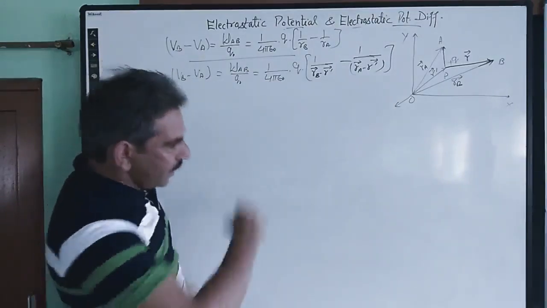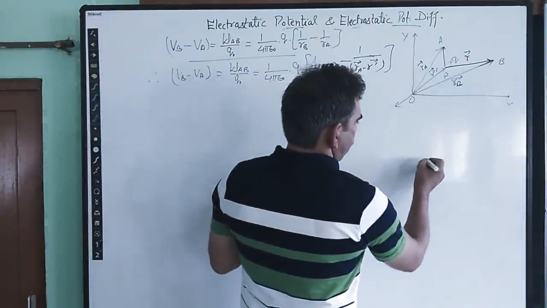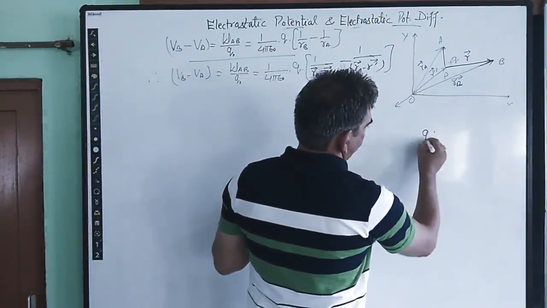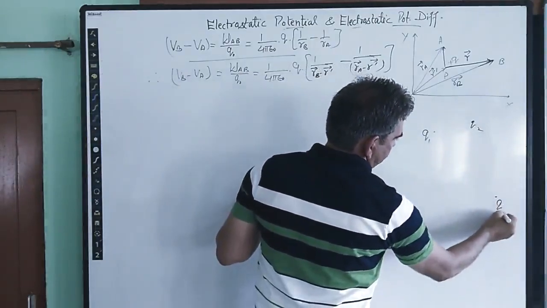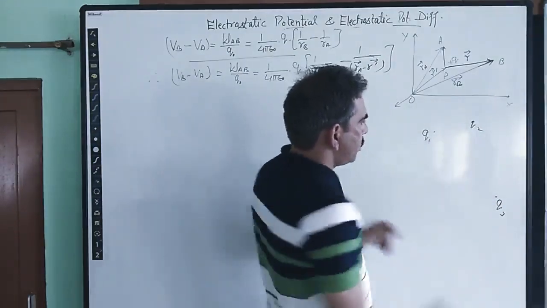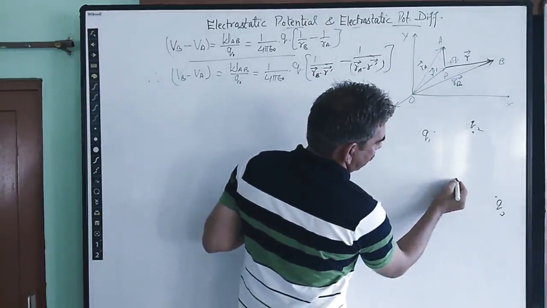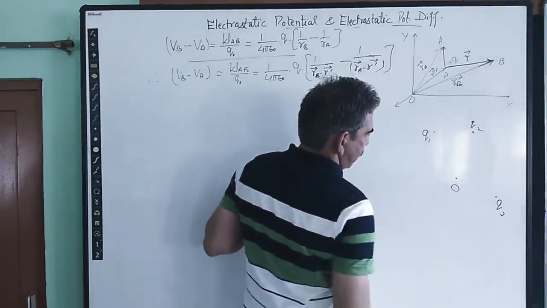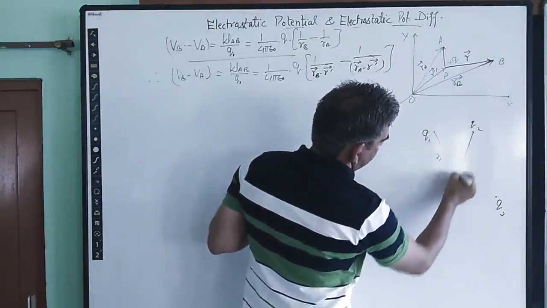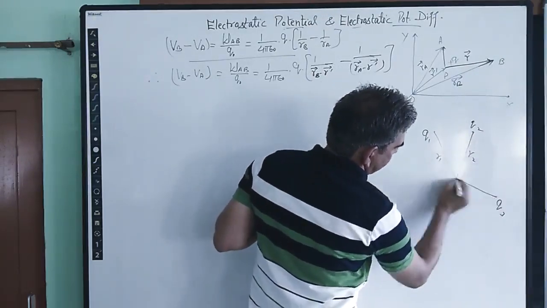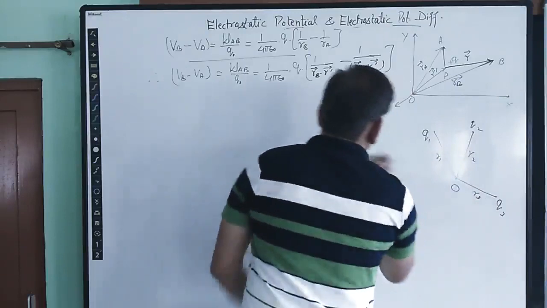And if in a region, suppose that we have a number of charges, this is Q1, Q2, Q3, and due to these charges we are trying to find out the potential at some point O, for example, so that its distance is R1 from Q1, R2 from Q2, and R3 from Q3.